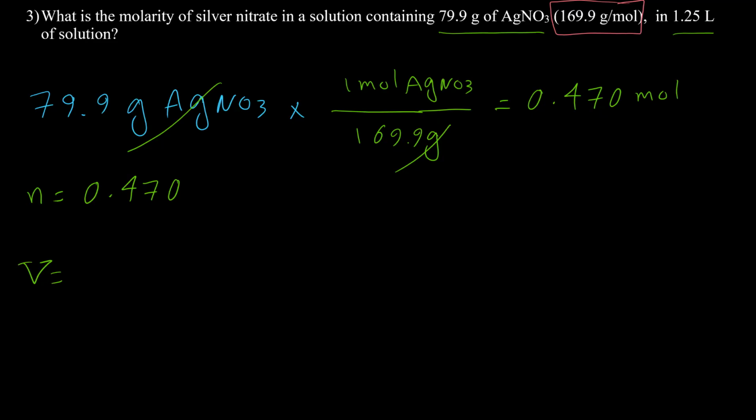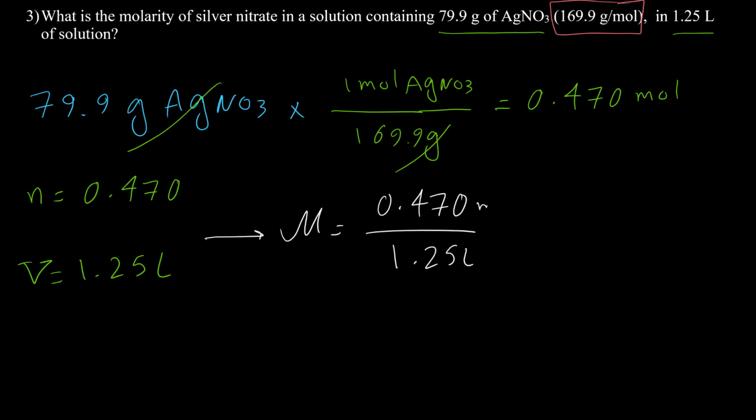We also have volume, 1.25 liter. So molarity is equal to mole per liter, which is 0.470 divided by 1.25 liter, and the answer is 0.376 mole per liter.